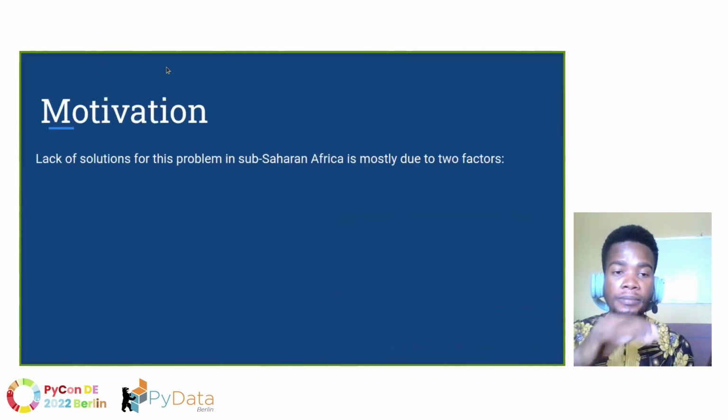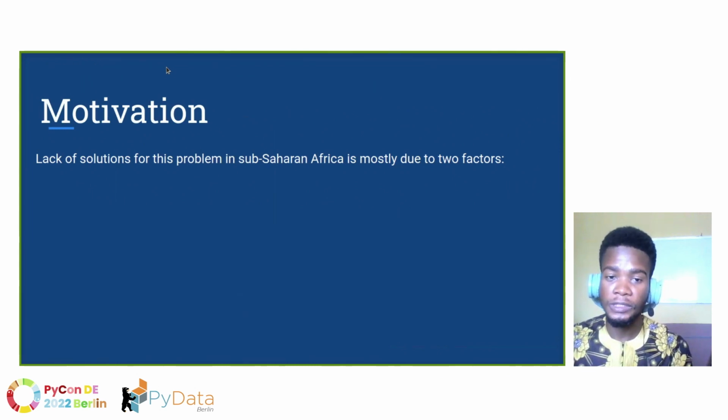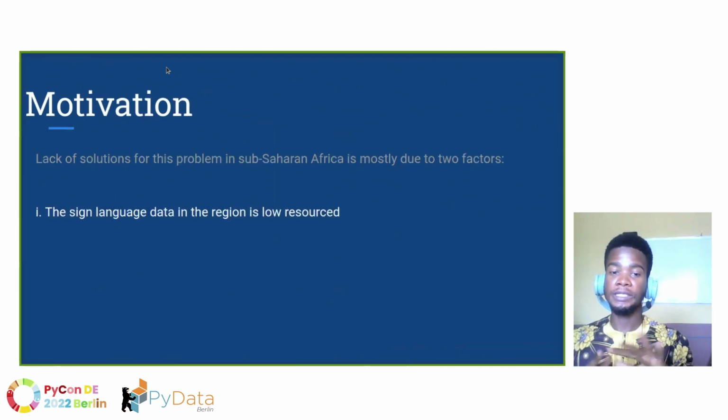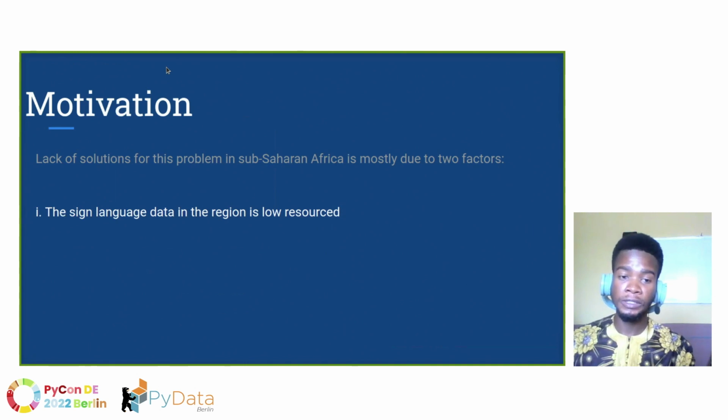Based on our literature review, we discovered that the lack of solutions for this problem in sub-Saharan Africa is mostly due to two factors. The first one is that the sign language data in the region is extremely low resource. Prior to this, there is no reproducible or substantial data set in the region.